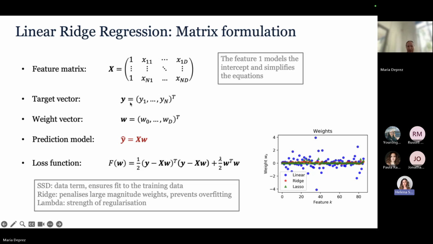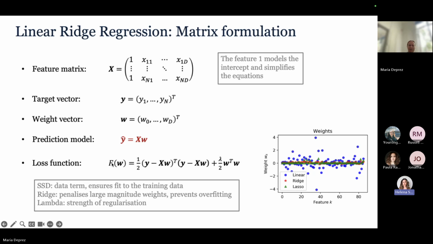Then we have a column vector for the targets, so that's the output. It will have n elements, and the weight vector has D plus 1 elements, so for each feature there is a weight, plus one for the bias term. If we do it like that, the prediction model is simple like this. That's why we do it like that, so that the equations are short.